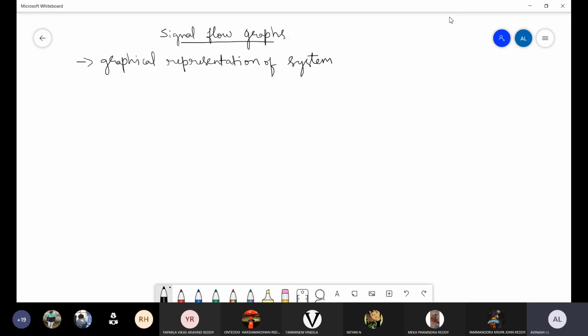You can also write it along with me. Graphical representation of system equations, and it serves the same purpose as a block diagram.